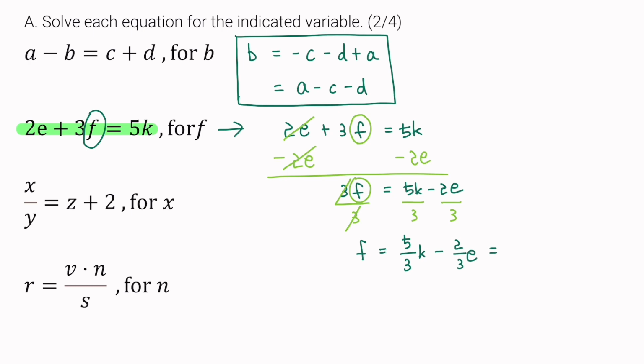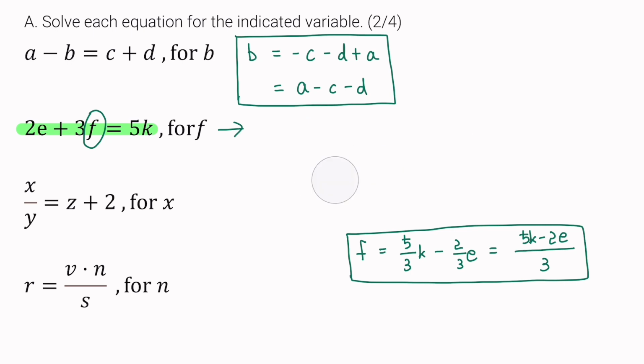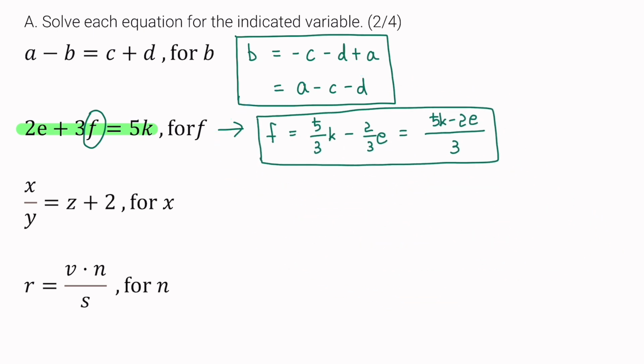Or I can rewrite it as 5k minus 2e over 3. Both work as our final answers, so I'm going to include both expressions and write them up right here as my final answer.